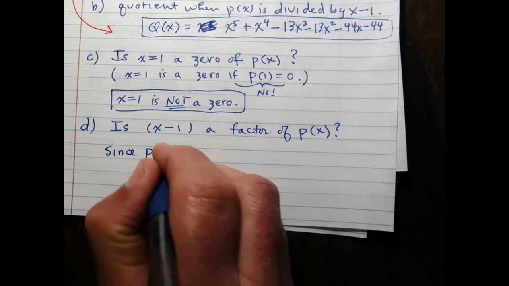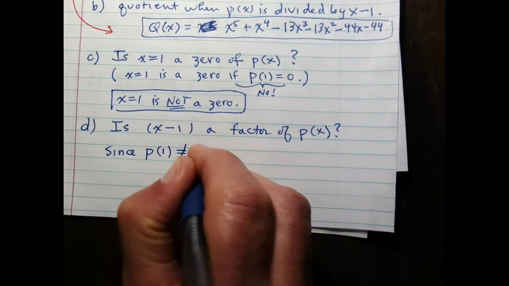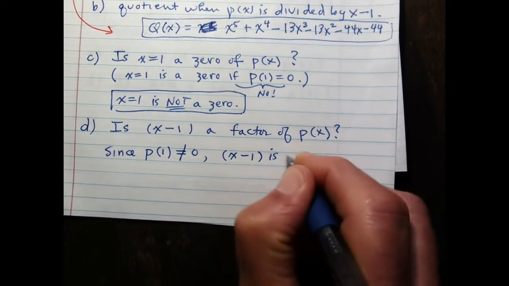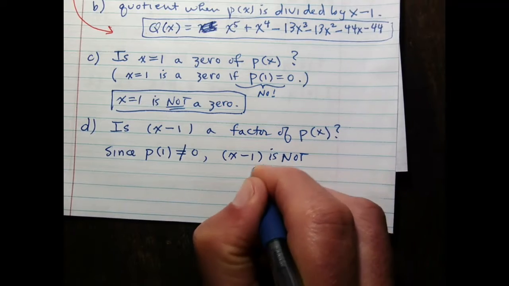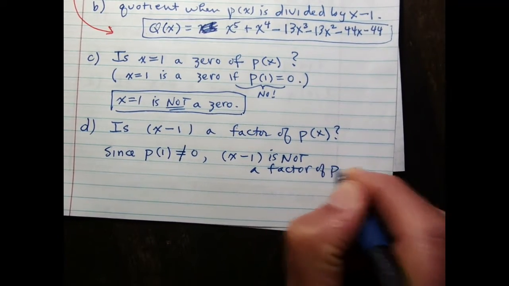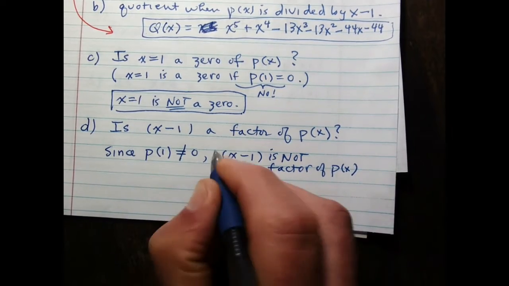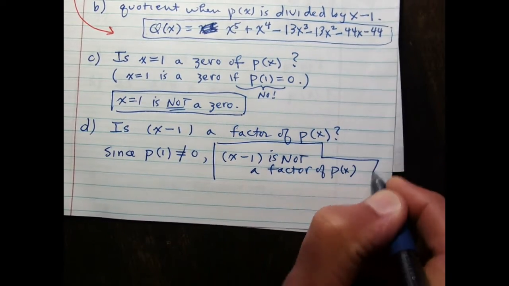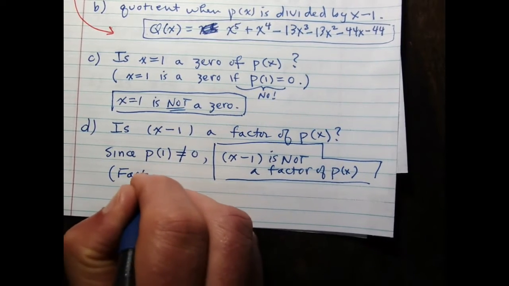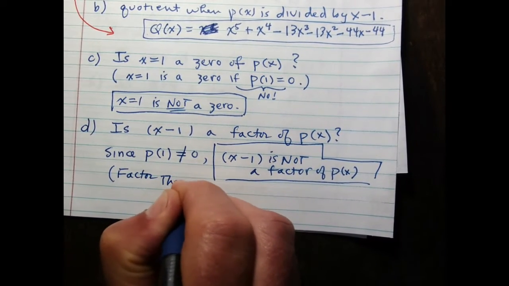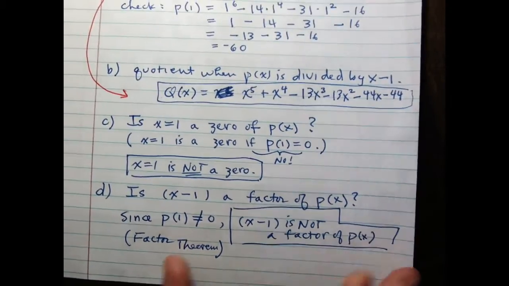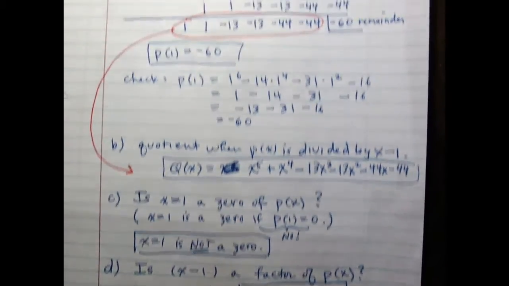Since P of 1 is not equal to 0, x minus 1 is not a factor of P of x. And that's what the factor theorem is about, that result. Okay, so there's part D.